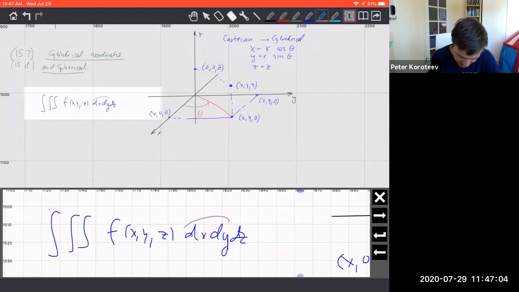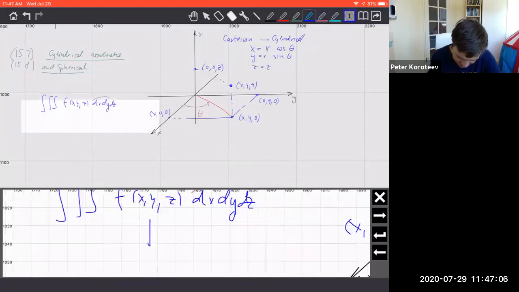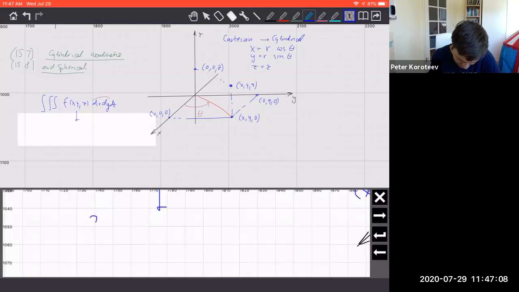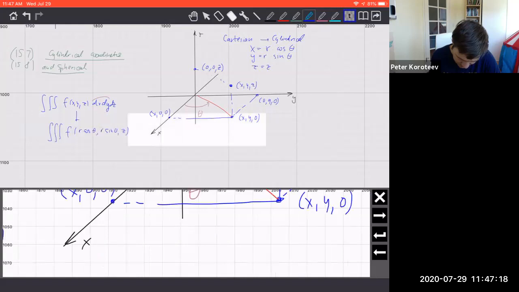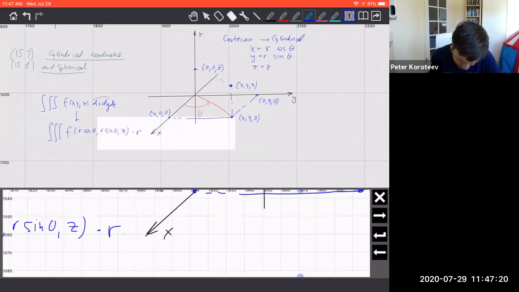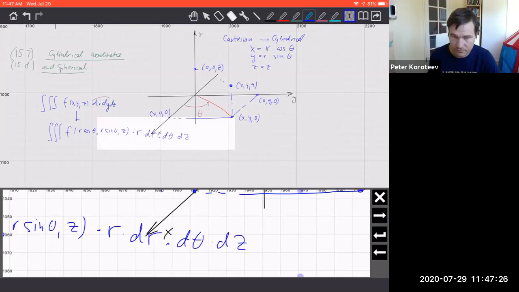So therefore, after change of variables, this becomes the triple integral of f of r cosine theta, r sine theta, z, times r dr d theta dz. So it's as simple as that.